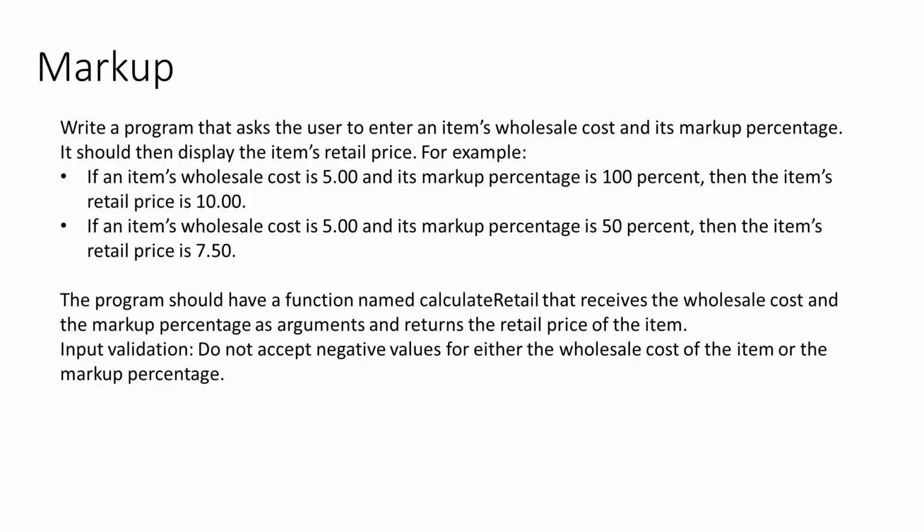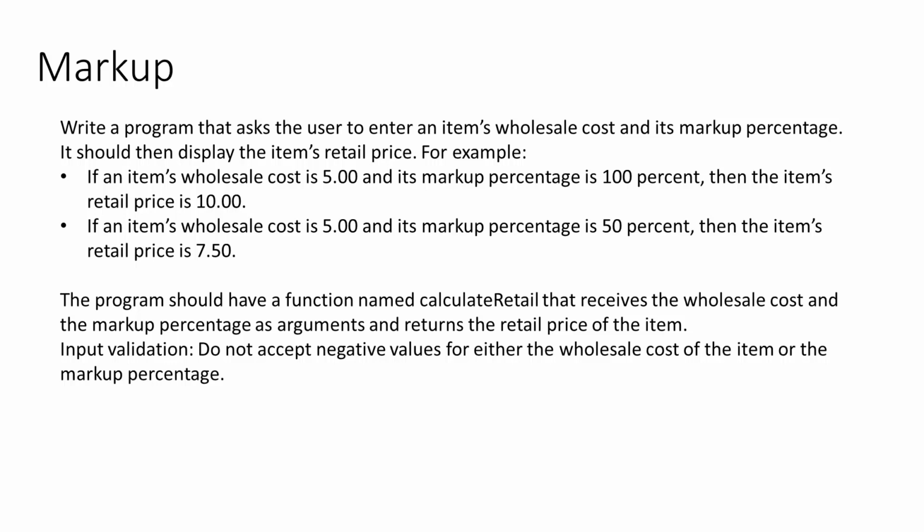Hello, let's take a look at the exercise after Chapter 6, the Programming Challenge Markup. Write a program that asks a user to enter an item's wholesale cost and its markup percentage. It should then display the item's retail price. For example, if an item's wholesale cost is $5 and its markup percentage is 100%, then the item's retail price is $10.